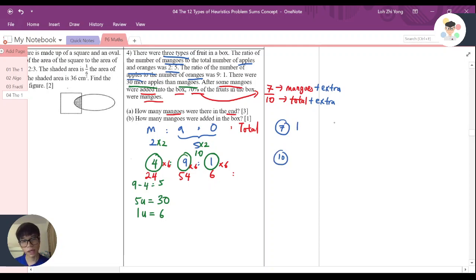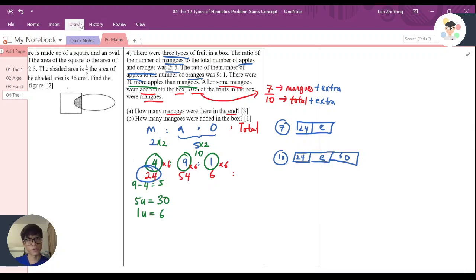For mangoes, what I have now is 24, because here it is 24, right? Then after adding some extra, it will be 7 units. And for the total, I know that I have 24, plus some extra, plus 54 plus 6, which is actually equal to 60.